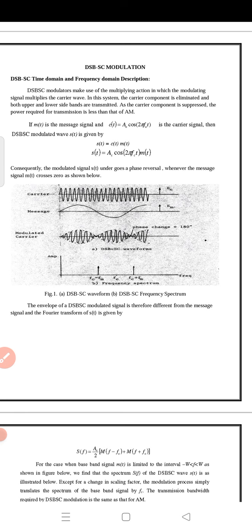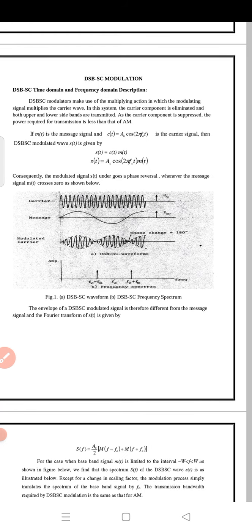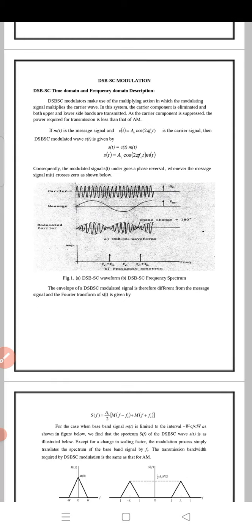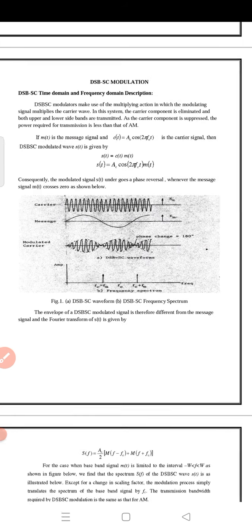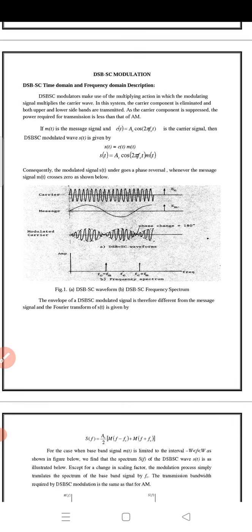There are two terms in the AM wave. The first term we don't want to send, in order to reduce transmission power and bandwidth. So we suppress the carrier part, nullifying the first term. The remaining term is m of t into cos omega ct, that is c of t into m of t. That is the final equation of the DSBSC.